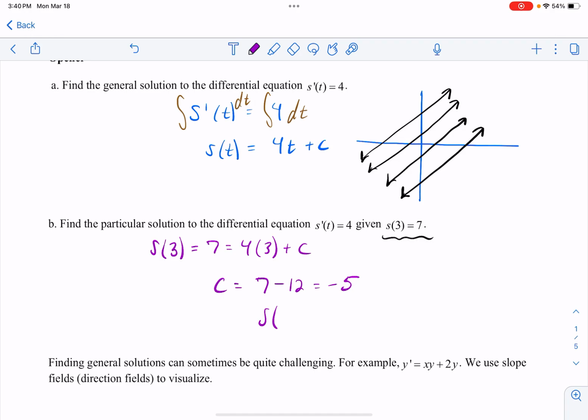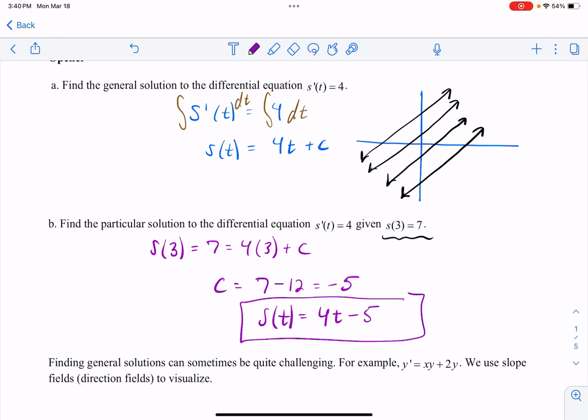So our particular solution to this differential equation is s of t equals 4t minus 5. Okay, so that would be like this graph right here, assuming that that goes through negative 5.